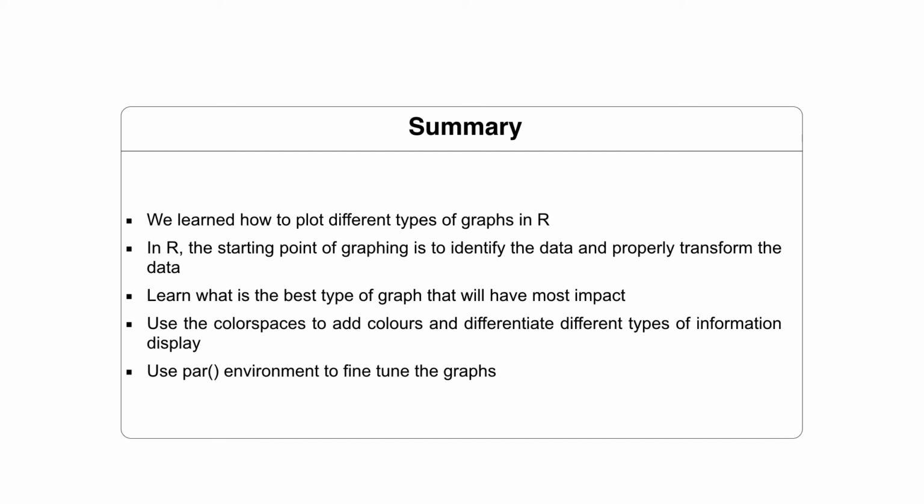And then you should know what kind of data you're going to use for whatever analytical work. For example, for categorical variables, you'll be using a box plot. For continuous variables, histograms, etc. You can use color spaces to color your graphs in many different ways. And if you want to change the environment of the graph, that is, break the canvas or do some other work, remember to use the par option.